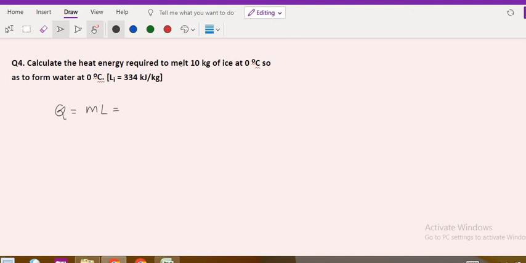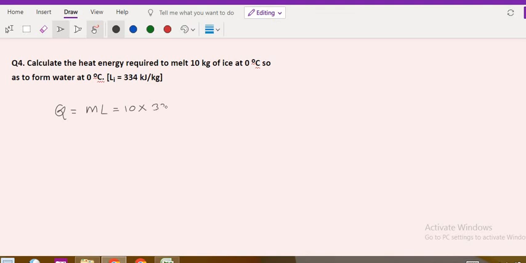Here the mass of the ice given to you is 10 kilogram, and the specific latent heat of the ice is 334 kilojoule per kilogram. So you have to be very careful about the units over here. It is in kilojoule per kilogram, so I have to convert this kilojoule to joule first.